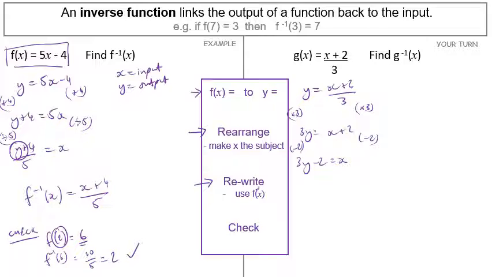And then we need to rewrite this using the correct notation. So it's g we've got this time. So it'll be the inverse function of g is equal to our expression here. Remember, we're going to replace y with x.